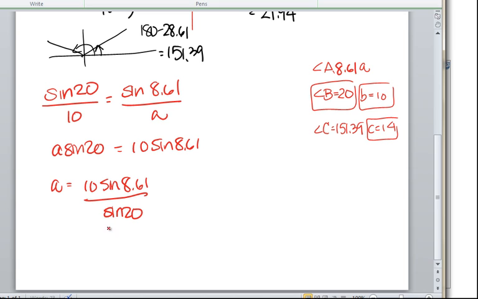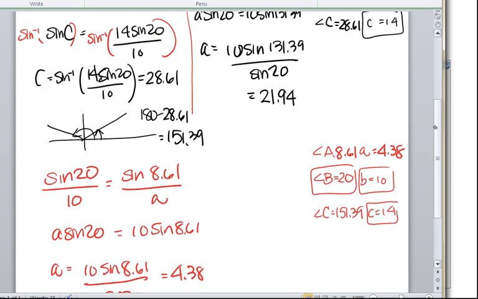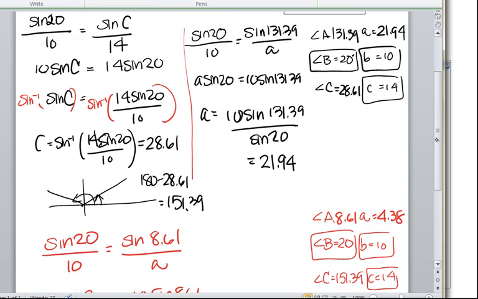I punch that into my calculator and I get 4.38. Okay, and this 4.38 is definitely my shortest side. That is opposite the smallest angle. Similarly, my side C, which is 14, is opposite my largest angle, which is 151.39.